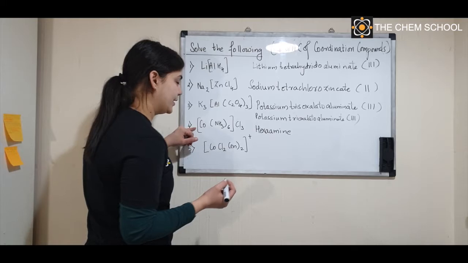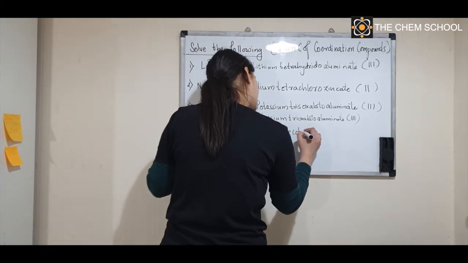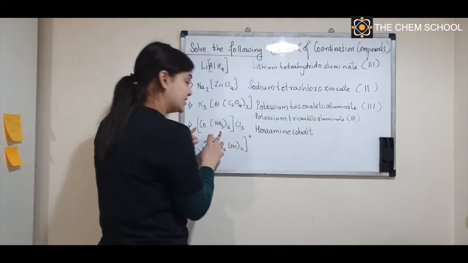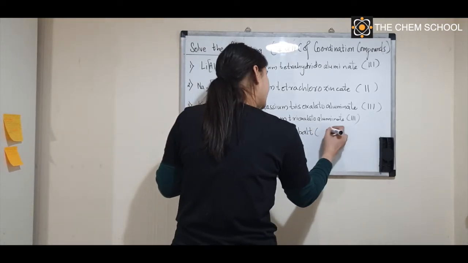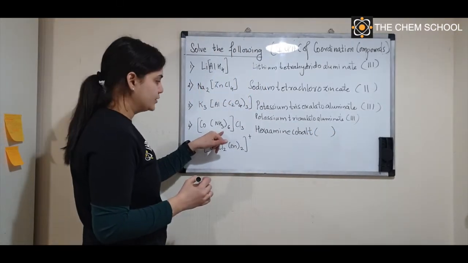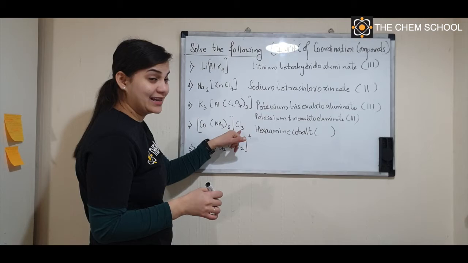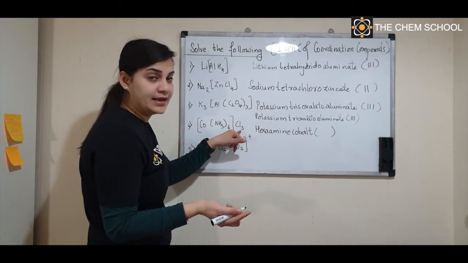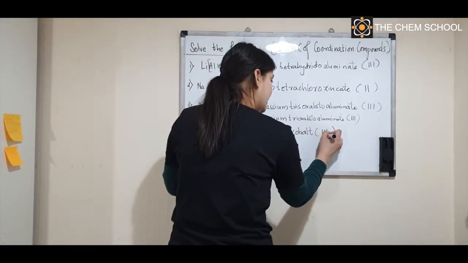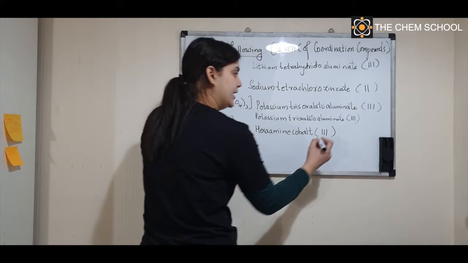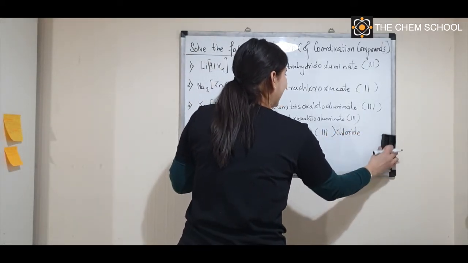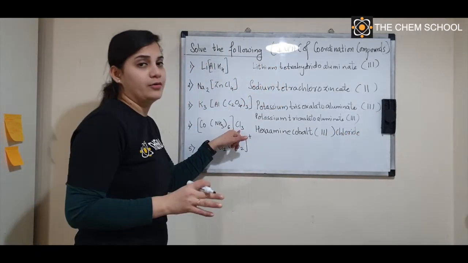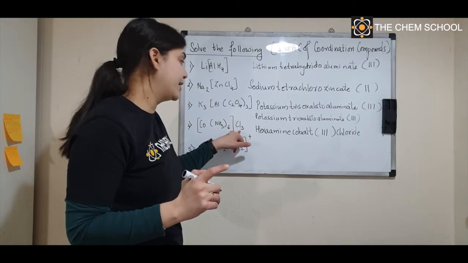So hexaamminecobalt, because it is a neutral ligand, so only cobalt, not cobaltate. Write down the oxidation state of the metal. Neutral ligand is 0, the anionic ligand is -3, on the other side +3. So cobalt 3. Then it is Cl, so you will write chloride. Anything outside the square bracket, do not forget to write it only once. No di, tri, tetra for them.